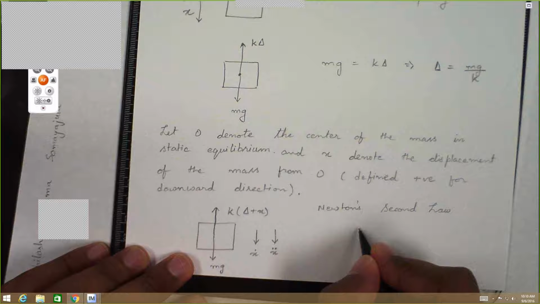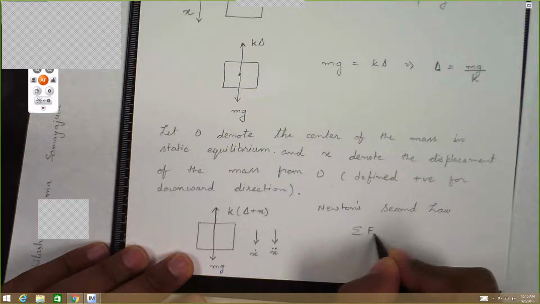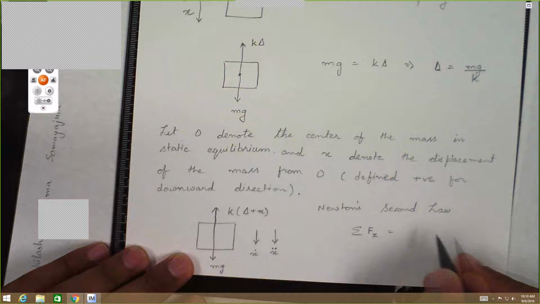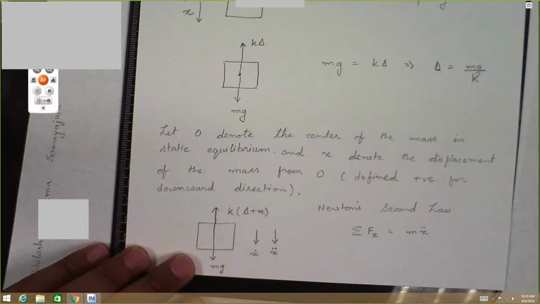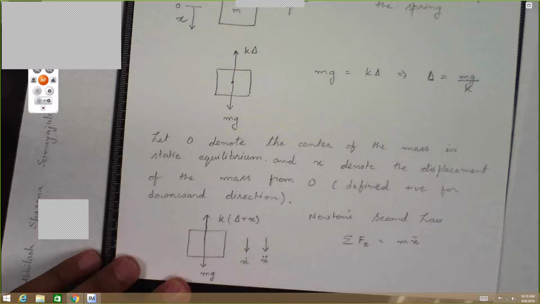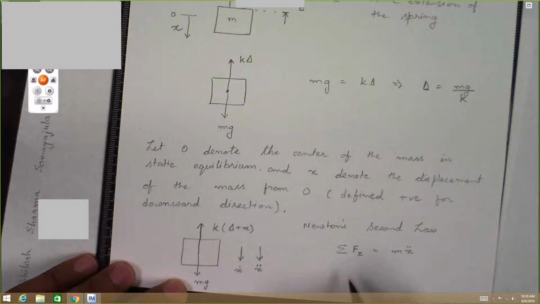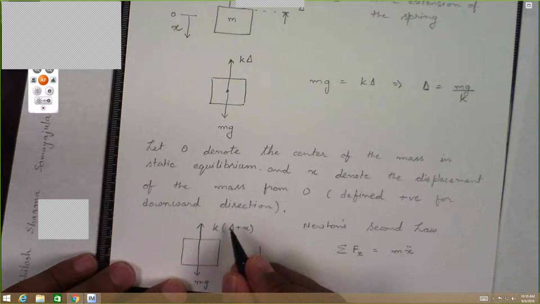And that's nothing but the sum of external forces on the body must equal mass times acceleration. All the external forces are nothing but the gravity and the spring force.